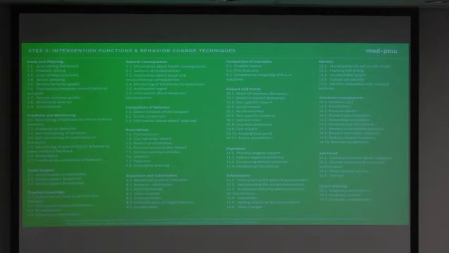So in order to understand this, we need to speak the same language, and this is why this taxonomy was created. And this is why it's so useful for us, because when we're building the intervention, we're thinking about what components we want to put in, so that we are at the same time creating a case or evidence for someone else to look at whether these techniques or methods were appropriate, and they can replicate them.